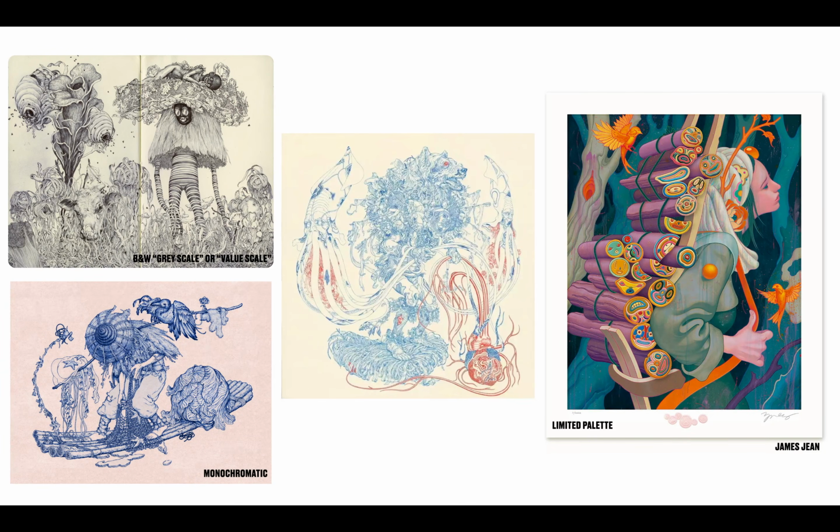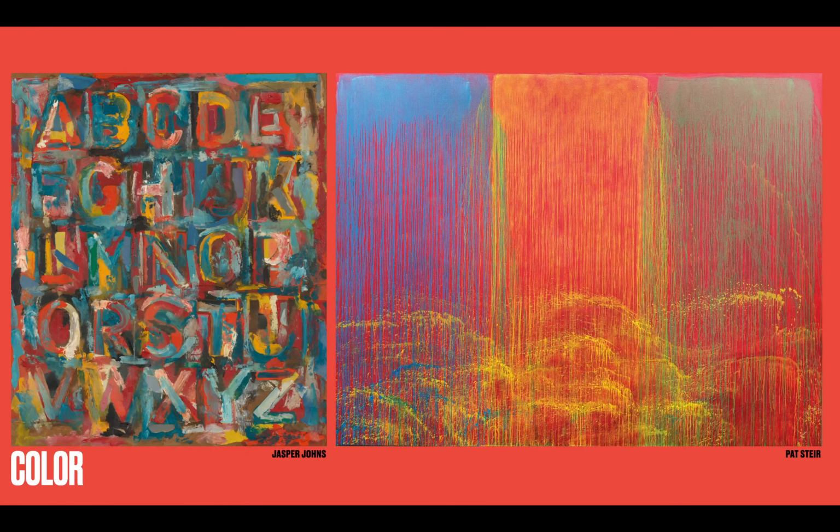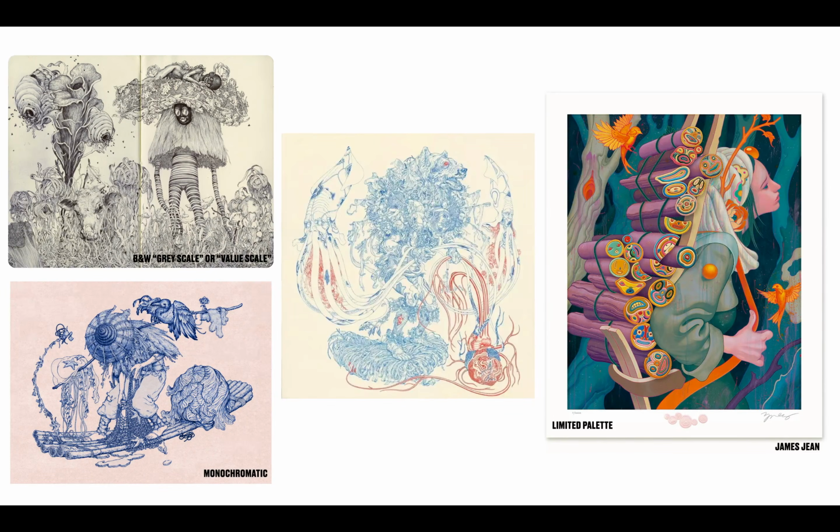So instead of this being a series of several colors, especially the alphabet Jasper Johns piece, where you almost lose track of how many colors there are, a limited palette is a little bit more strategic in that it chooses a few colors. So in the piece on the right, we have the purple, the orange, and the teal.